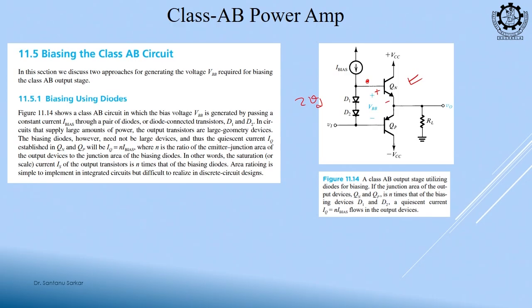So, 2 diode drops minus 1 diode drop, which means it is above Vi by a diode drop. So, during zero crossing this will also be on.